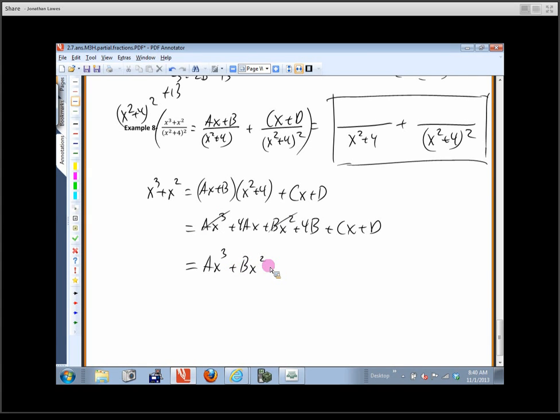How many plain old x terms? This one here and this one here. So 4a and c. So again, put a plus, start a set of parentheses, 4a plus c, slap an x on the end. We've got those two taken care of. And then plain old numbers in the end, just this one and this one. So again, put a plus, start a set of parentheses, and write down what those numbers are with the sign in front of them.